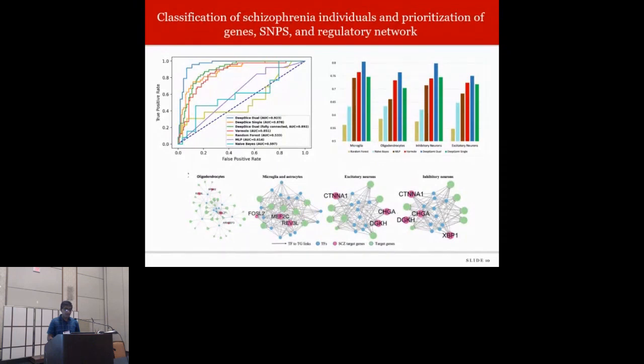On the bottom, we have the prioritized gene regulatory network and eQTLs. We can see that we have a certain set of cell type specific schizophrenia related genes, like FOSL2 in microglia, and then you have REV3L. These are genes that are schizophrenia associated, but also cell type specific.